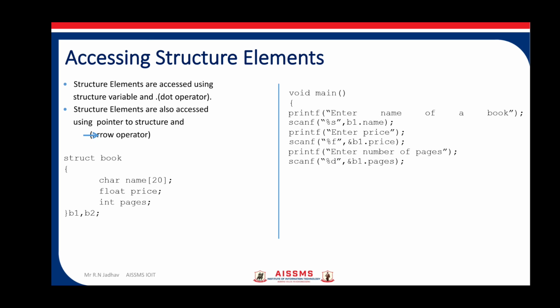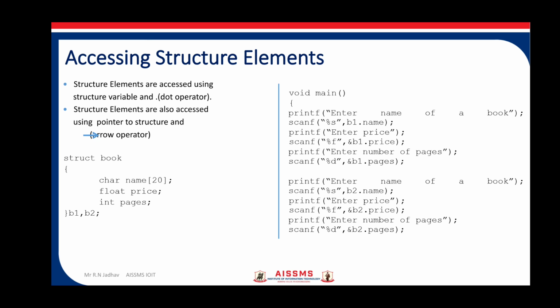While scanning, we have to use the format specifier depending on the type of the variable, and the ampersand sign. You can notice here that for the name we have not used ampersand, because the name is a character array, and in case of an array, the array name itself indicates the starting address, so ampersand is not required.